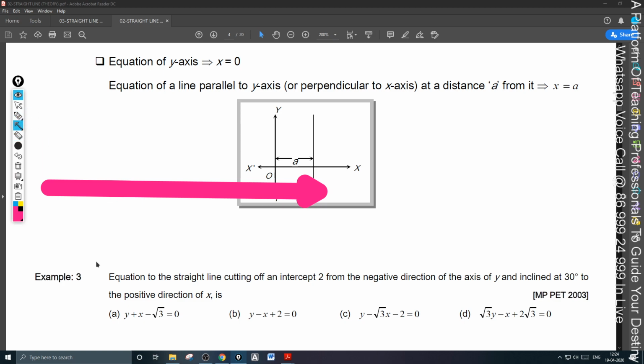The line is making an intercept of 2 on the negative direction of y-axis and making an angle 30 degrees with x-axis.